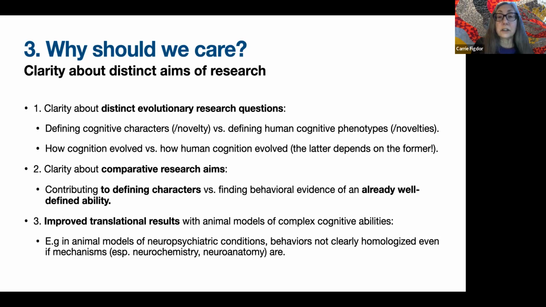So when you look at a new species, or even one that you've been looking at for a while, you've been looking at its phenotypes, that work helps contribute, again, to defining the characters, right? You may have started with an initial definition. You find out things about your animal, its phenotypes, and those can prompt better ways to define the character that you started with. That's one research aim. And some people actually do this, right?